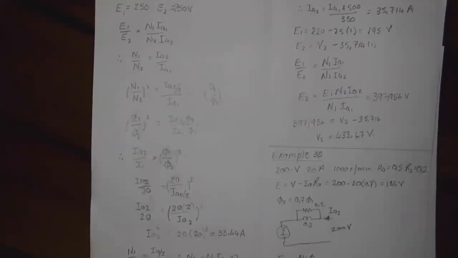And then flux 1 is directly proportional to IA1. So therefore that's 20 amps. So IA2 over 20 is 20 over IA2, half of that cubed. And if we substitute that into our equation and we simplify, we find that IA2 is 33.64 amps.